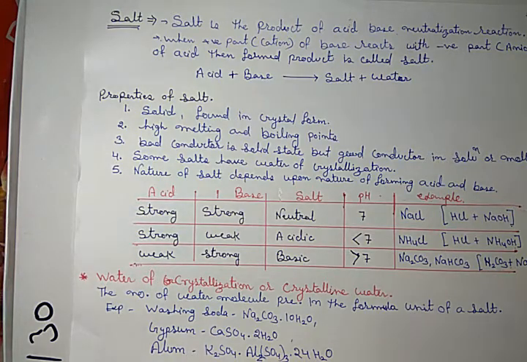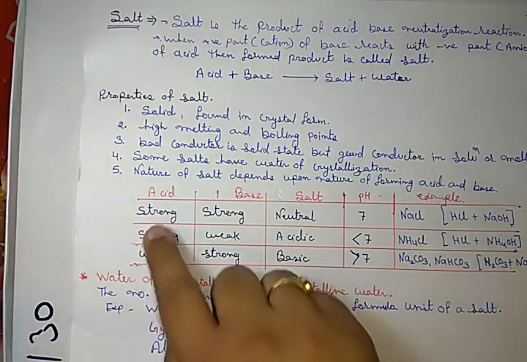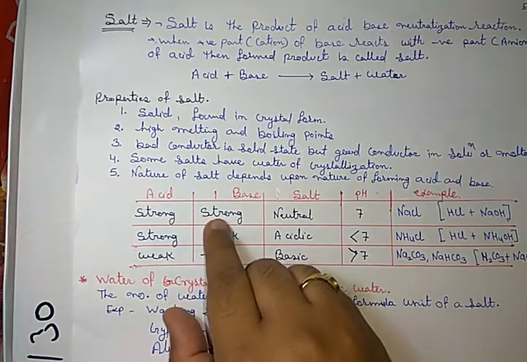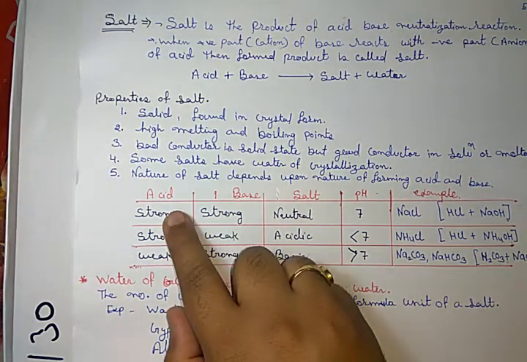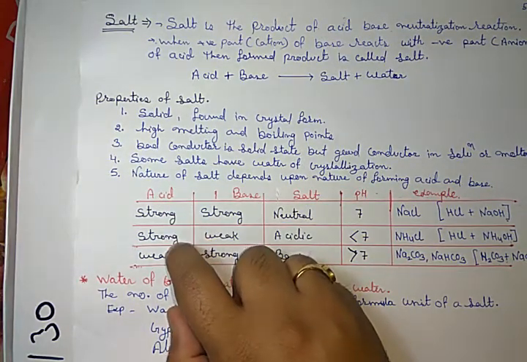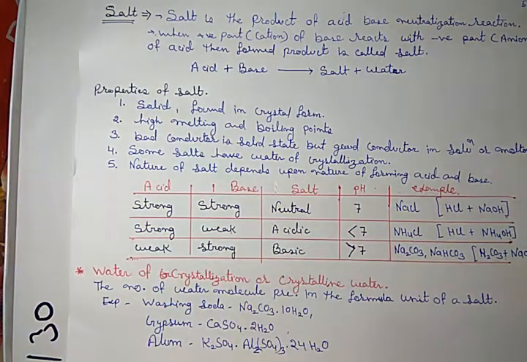Acids and bases according to Arrhenius theory are grouped into categories: one is called strong and the other is weak. So acids are of two types, strong acid and weak acid. We will discuss this in the next class. Similarly, bases are of two types, strong and weak. So there are strong acid, weak acid, strong base, weak base.